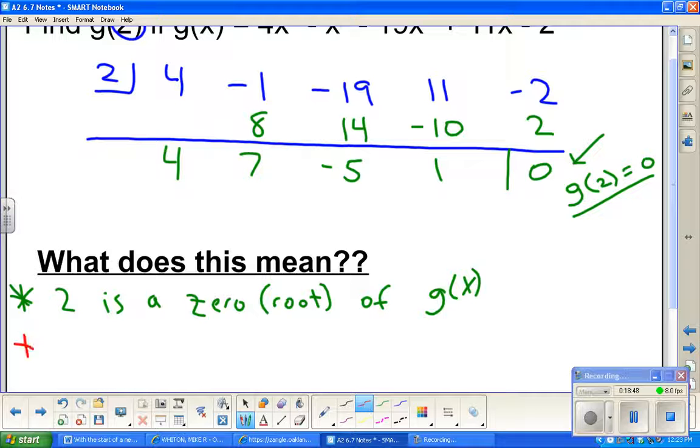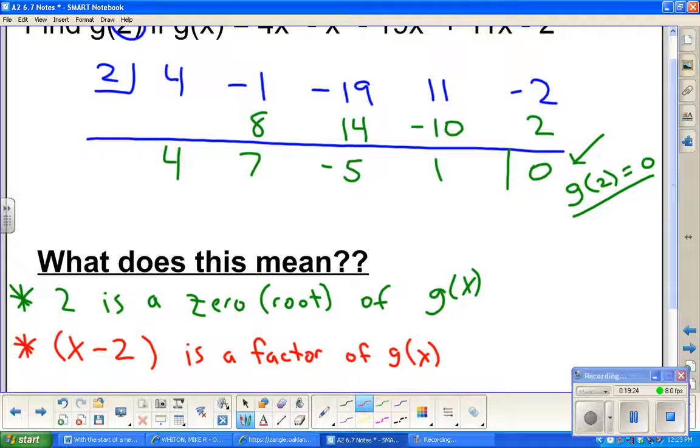Kind of where we're going tomorrow and the next couple days: if 2 is a 0 or a root, what would one of the factors have to be? Something about 2. X what? Minus 2.